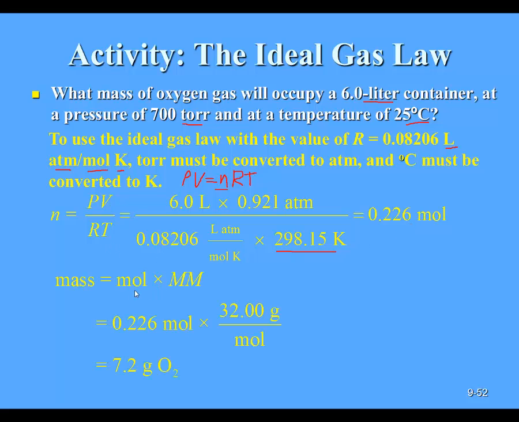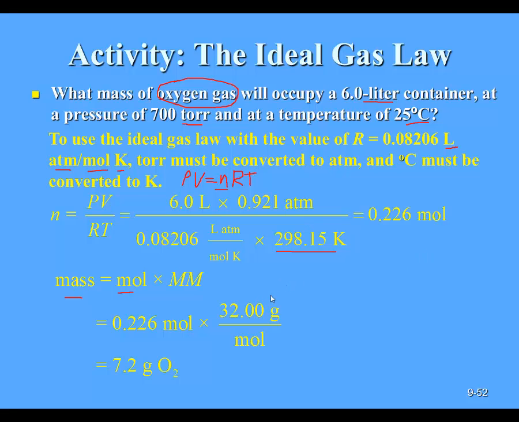Now since I have the mole quantity of the gas, if I was told the molar mass of the gas, so let's say we're told that the molar mass of the gas is 32 grams per mole, we could find out how many grams of gas we'd have. I know the molar mass because we have oxygen gas, and in nature oxygen is one of the elements that occurs as a diatomic element, so it's O2.